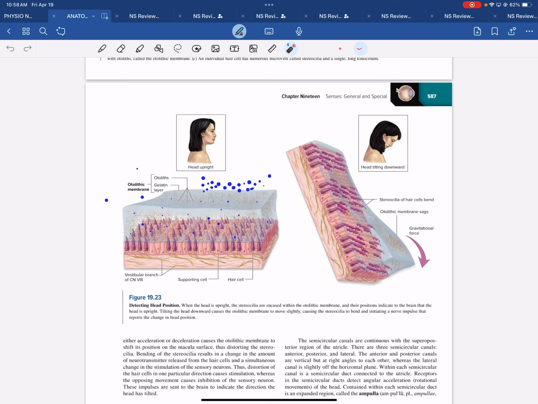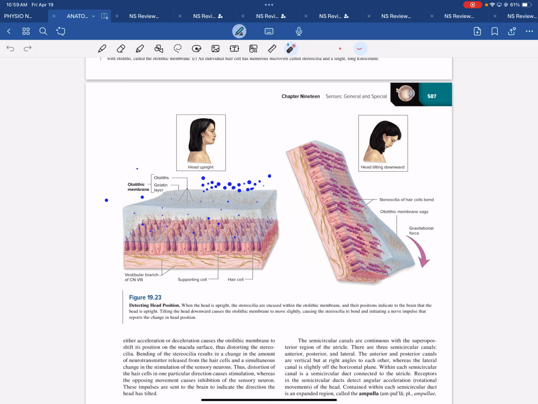But if you're going up really fast or down really fast, that's what the saccule is detecting. And if you're going forwards, backwards, or side to side, or anything in between really fast, that's what the utricle is detecting. And then the semicircular ducts are detecting not linear acceleration, but angular, rotational acceleration.